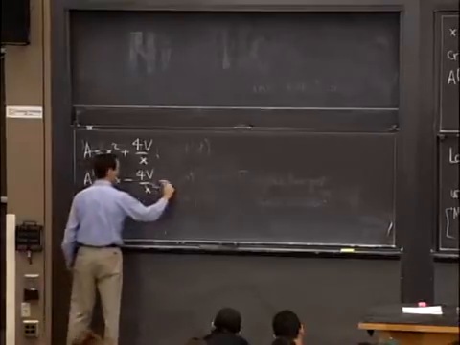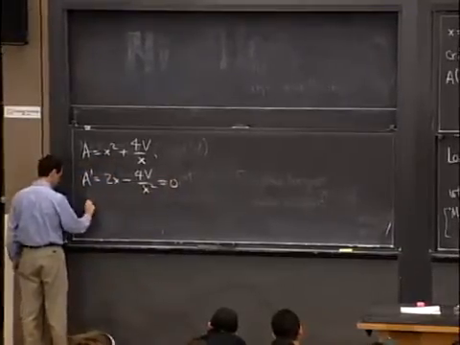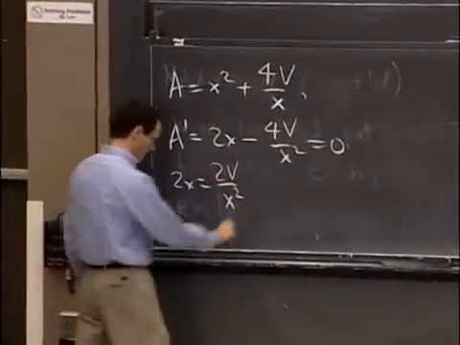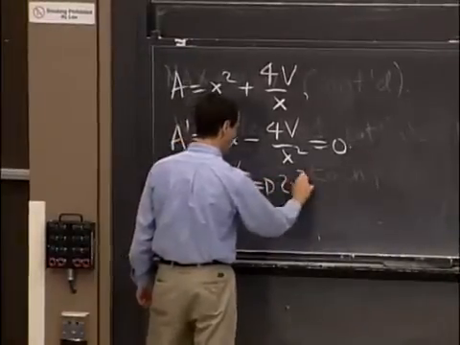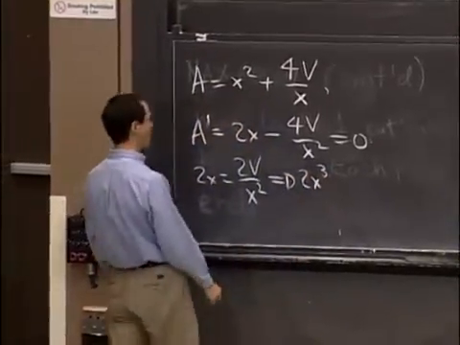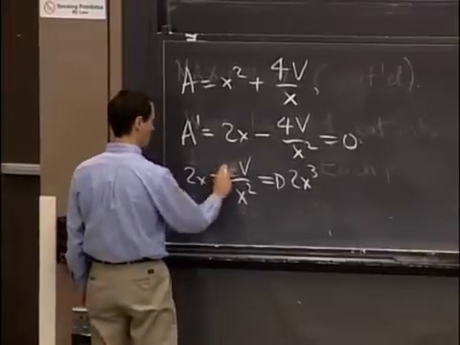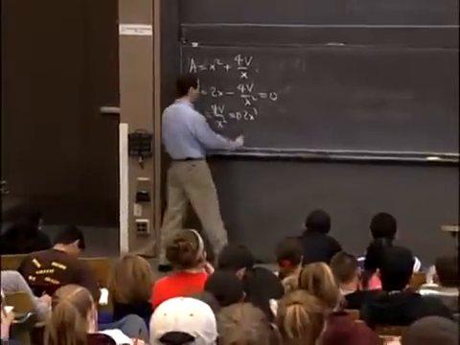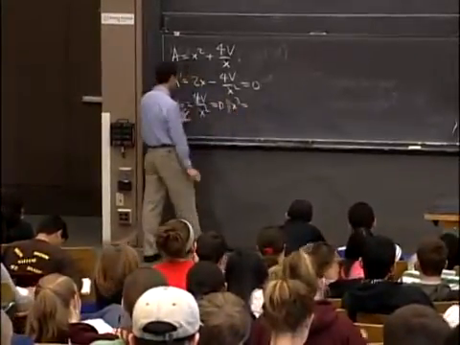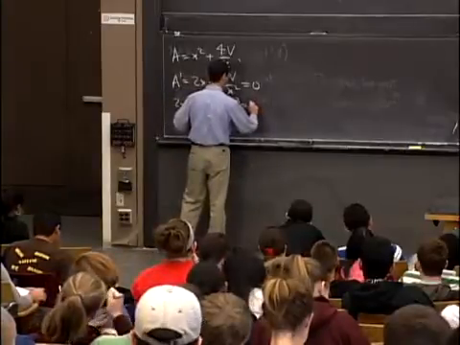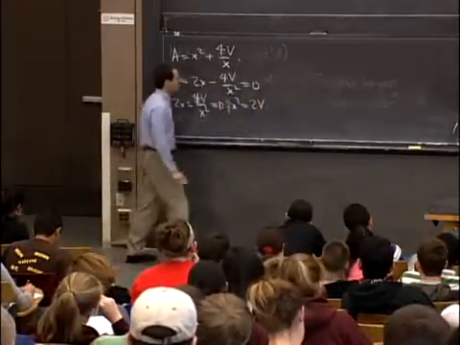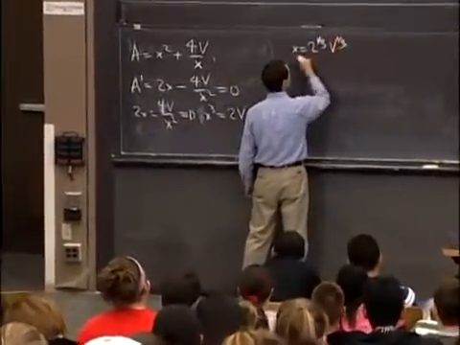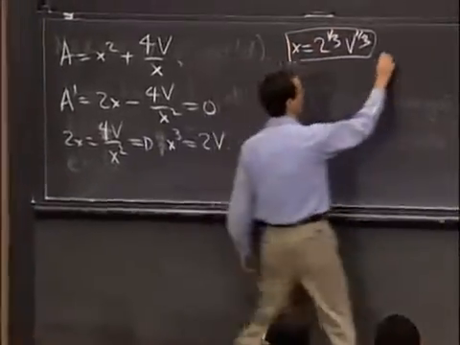So if we set that equal to 0, we get 2x equals 4v over x squared. So x cubed is equal to 2v, all right? And so x is equal to 2 to the 1/3, v to the 1/3. All right, so this is the critical point.